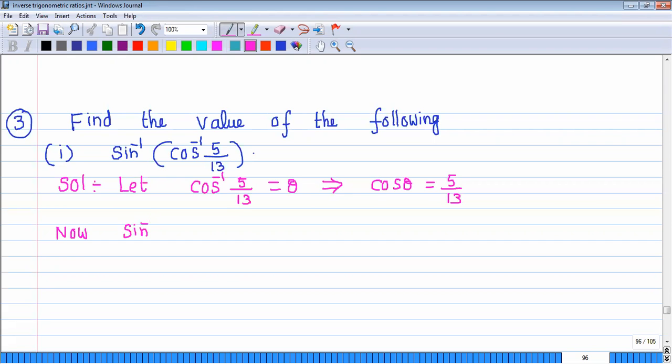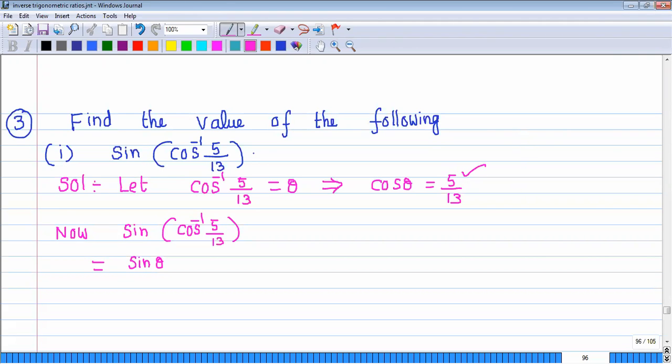Sine of cos inverse 5/13. That means indirectly we need to find out sine theta. Cos theta is known, you need to find out sine theta. How could you find out sine theta, as cos theta is equal to 5/13?